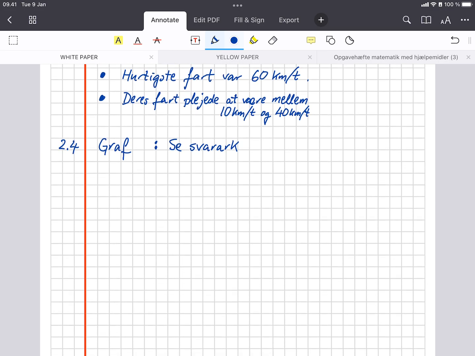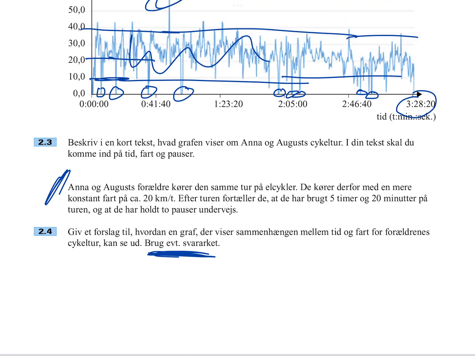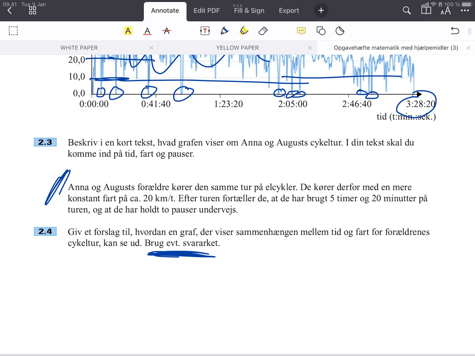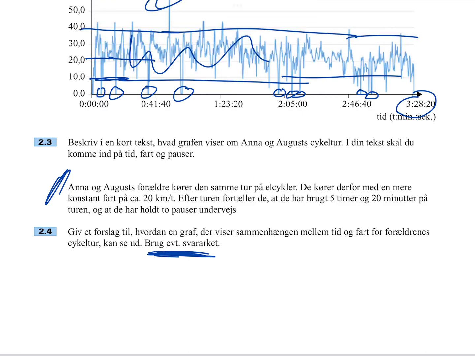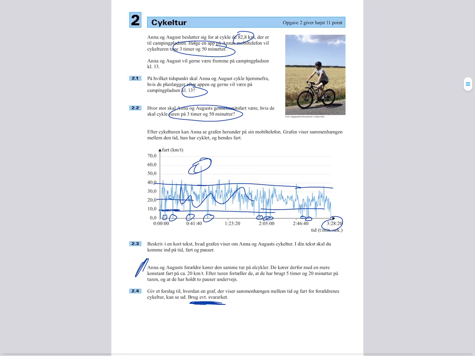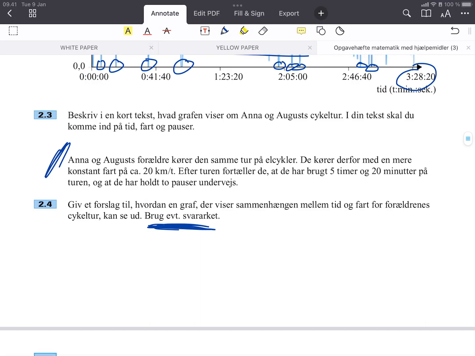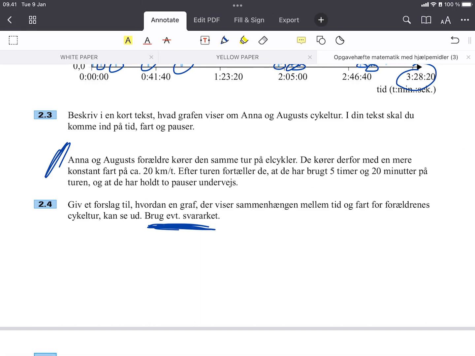So let's just have a look at the question paper again and get our head around this information. So they've used 5 hours and 20 minutes on the journey. Their average speed is 20 kilometers per hour, and we know that the journey is 82.8 kilometers.